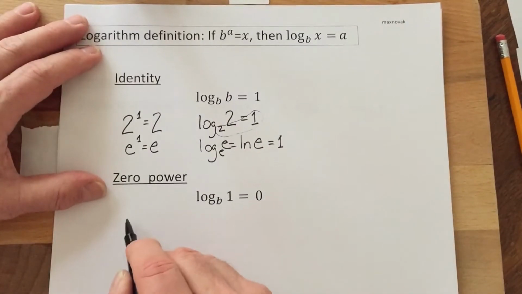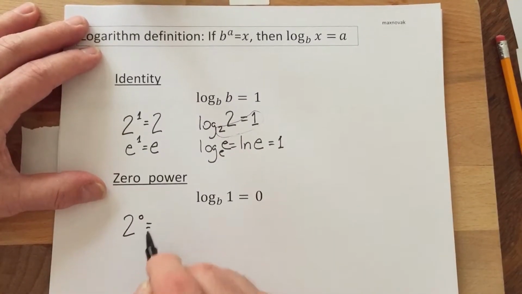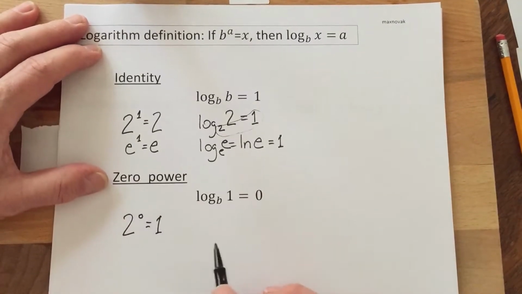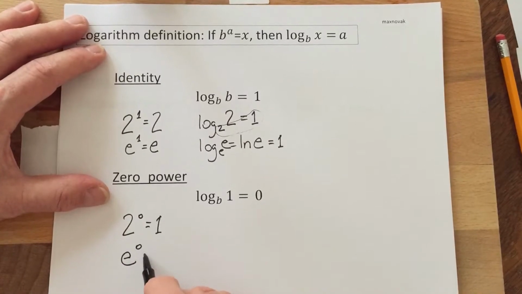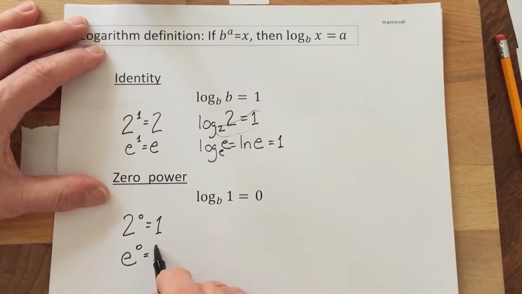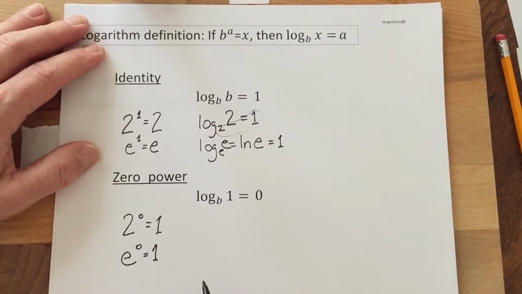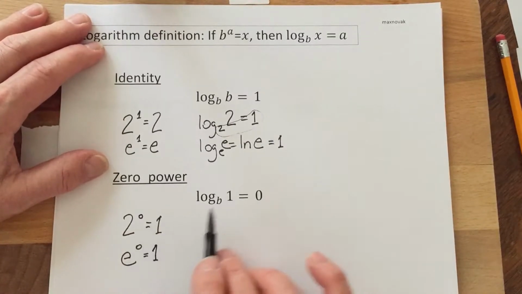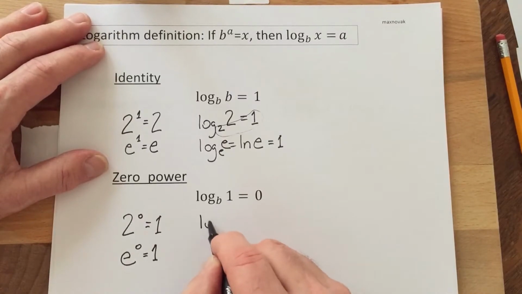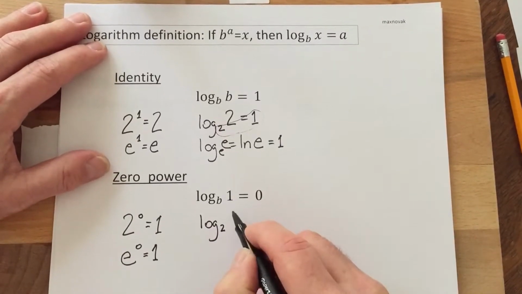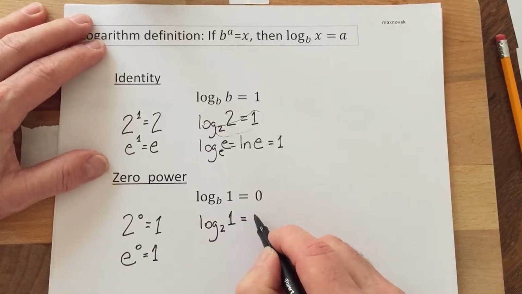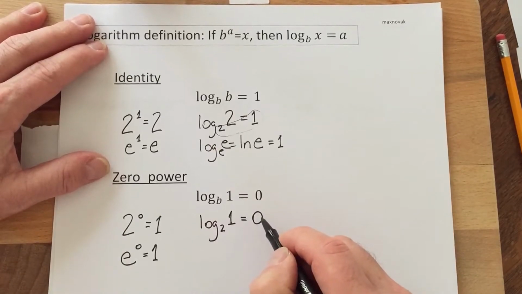Now similarly, 2 to the power of 0 is 1. That's by definition. E to the power of 0 equals 1. So the 0 power equivalent here is that the log base 2 of 1 equals 0.